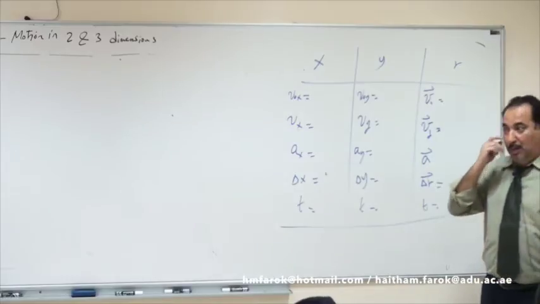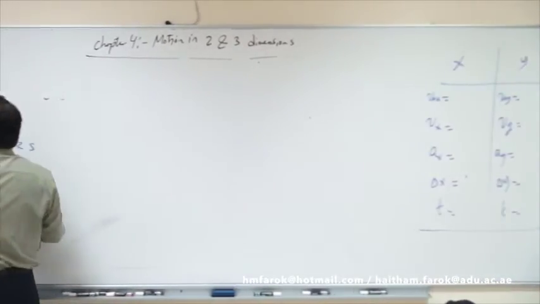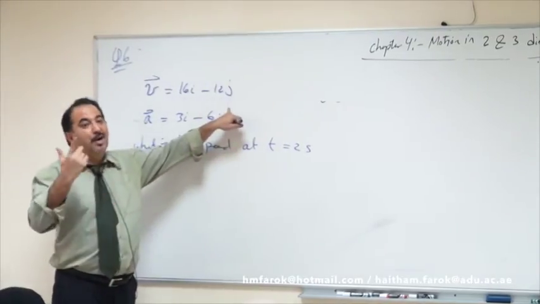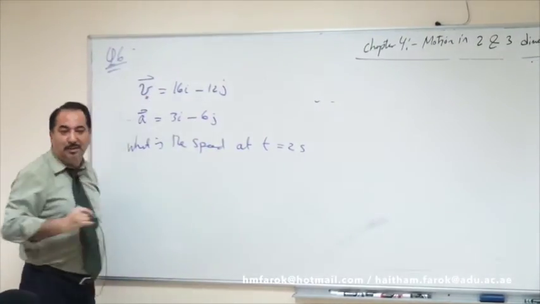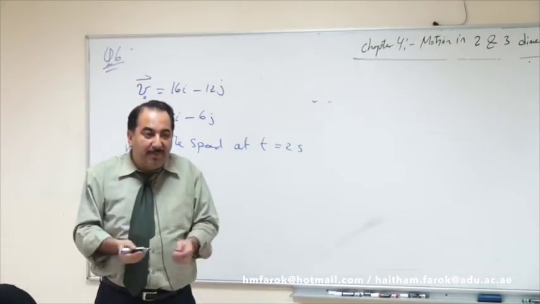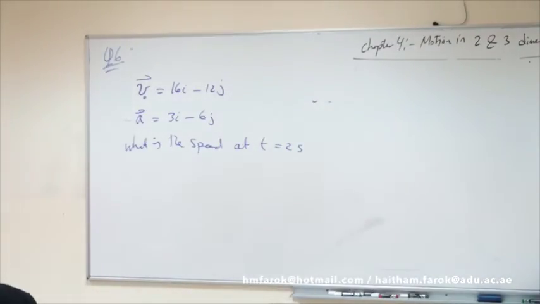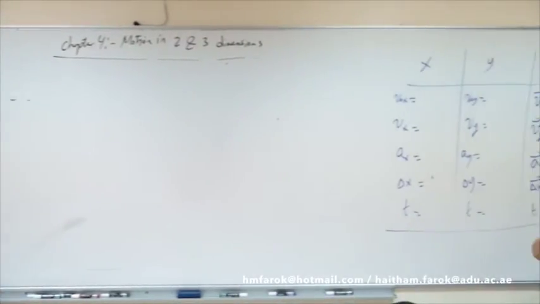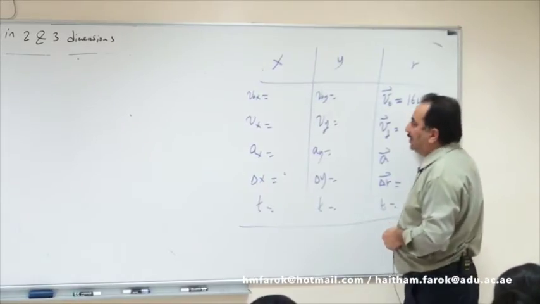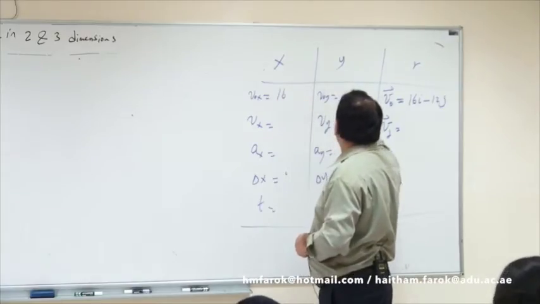What do we do next? We read the question and we fill it in. Now here you might get this wrong. It says initially the velocity is what? And you are used to putting naught, yes? But remember, it was talking about initial at time 0. So this is initial. Where does this one go in the column? In column R. So it goes there: 16I minus 12J. So if I go back now, how much is V naught X? 16 and minus 12.